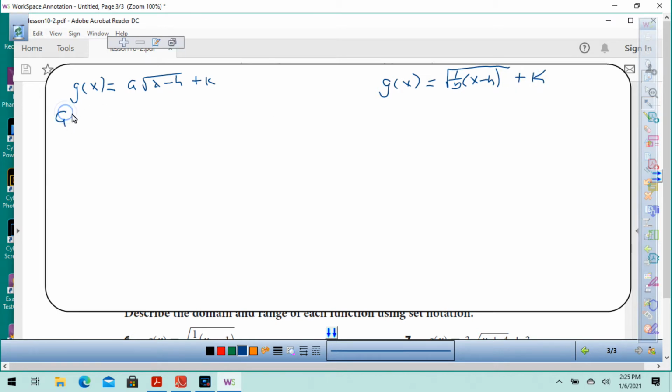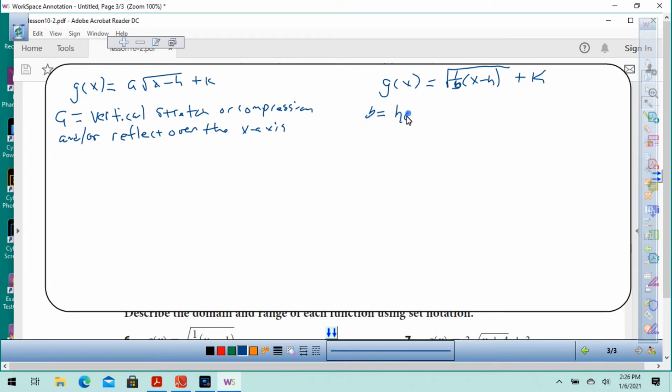All right, so the a, like always, is a vertical stretch or compression by a factor of whatever a is, or it could be a reflection over the x-axis. Now b here, b is going to be a horizontal stretch or compression.